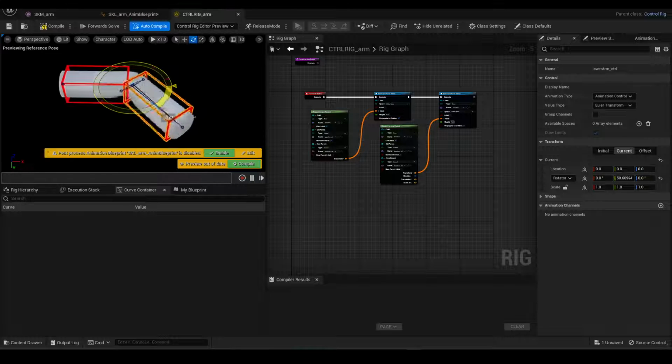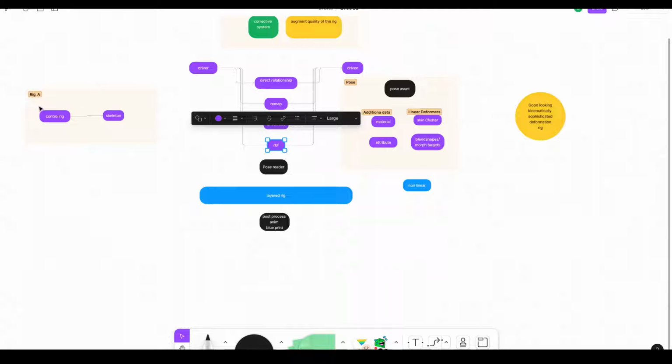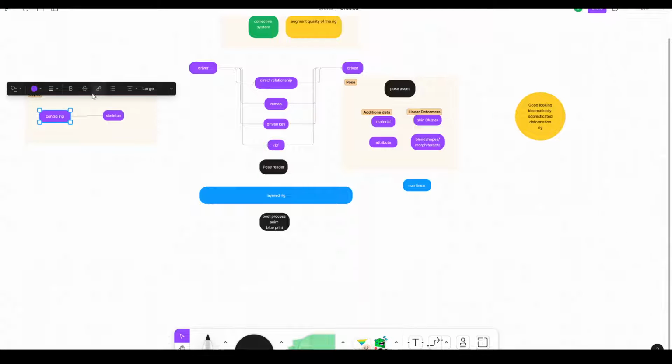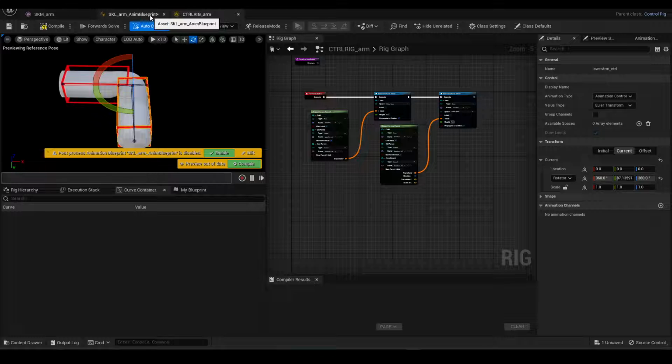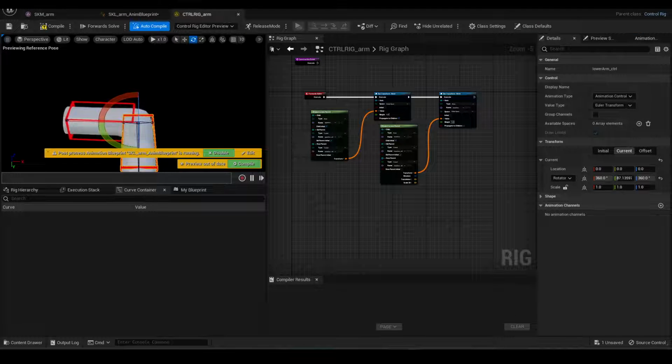Right now I'm only seeing this. But what I want is to see this plus the post-processing that is going on here. I'm going to enable it.